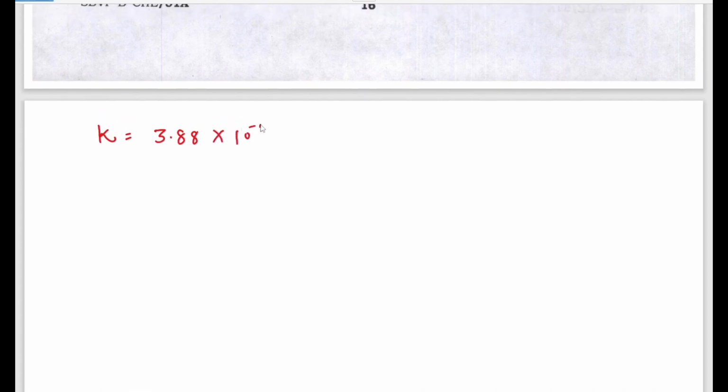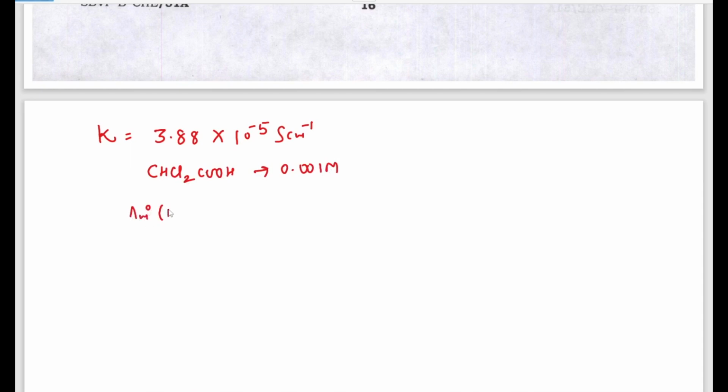So the value of the specific conductance is 3.88 × 10^-5 Siemens per centimeter, and the concentration of dichloroacetic acid is 0.001 molar.